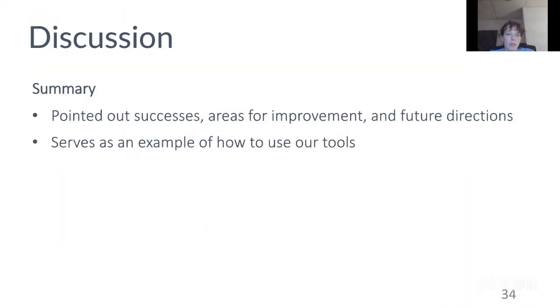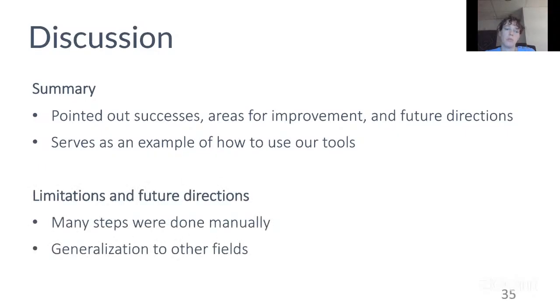So in this study, we pointed out successes and areas for improvement and future directions, and it serves as an example of how to use our tools. However, like I mentioned before, many steps were done manually. So for extracting things like which algorithm was used, we did that manually. And so if we were to repeat this in the future, in order for it to be a living meta-research paper, then we would have to do more manual work, or we would have to build an automated way of extracting this information.